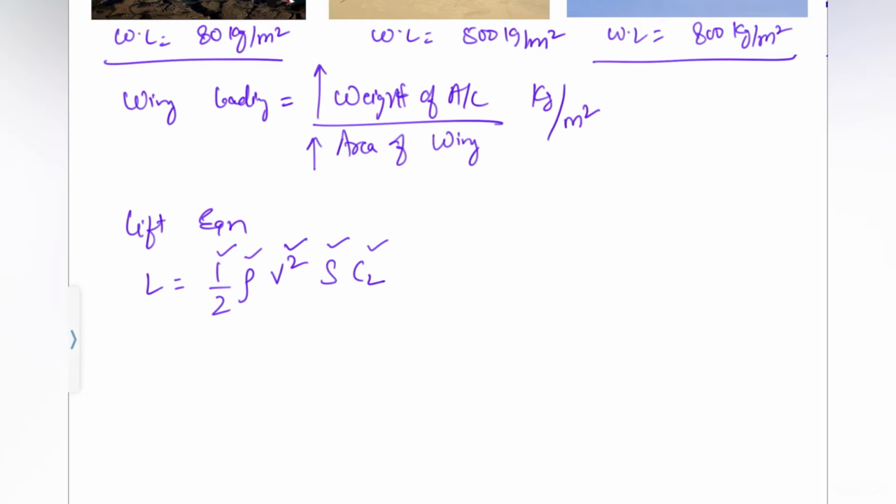So that's a design parameter. This lift can be written as lift divided by surface area is equal to half rho v square Cl.